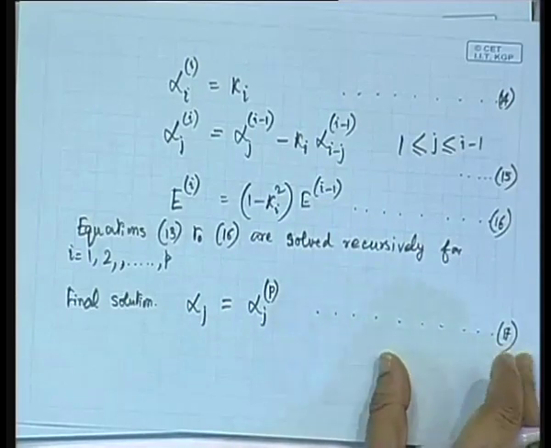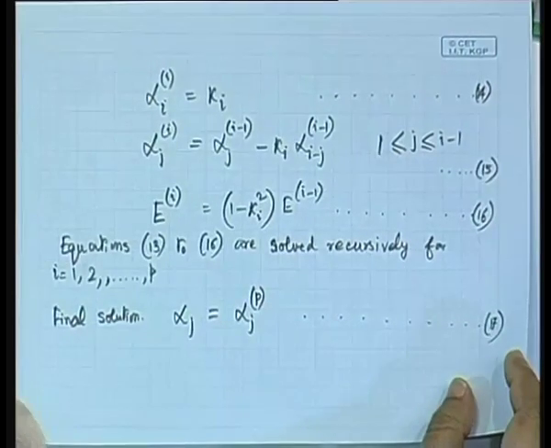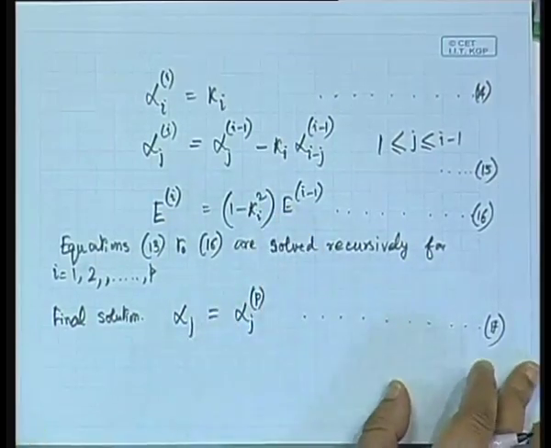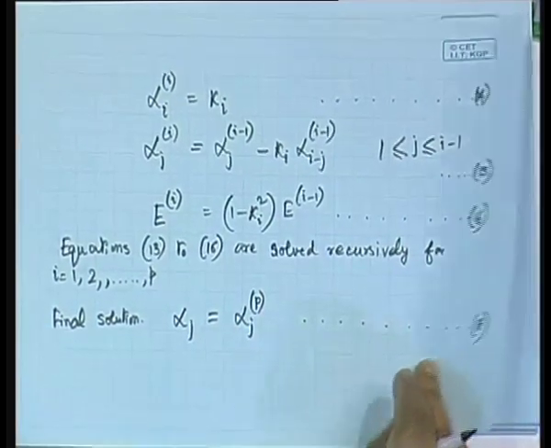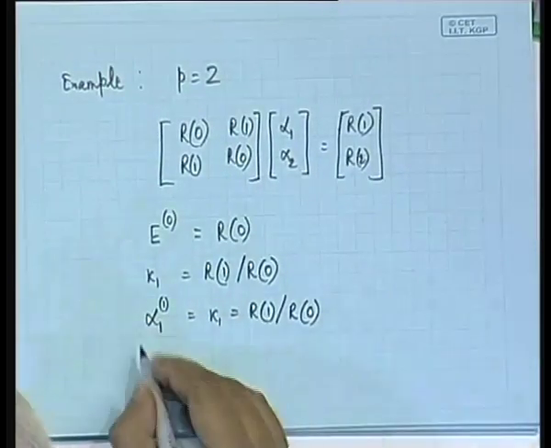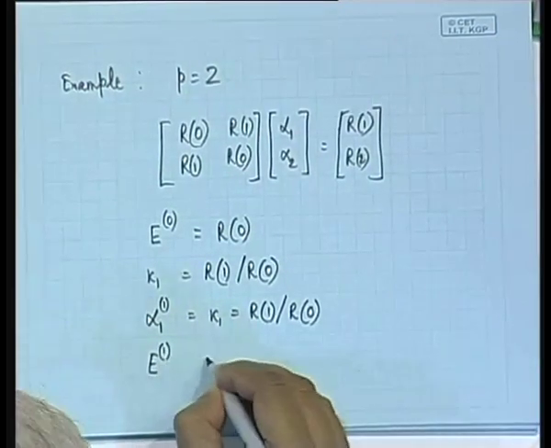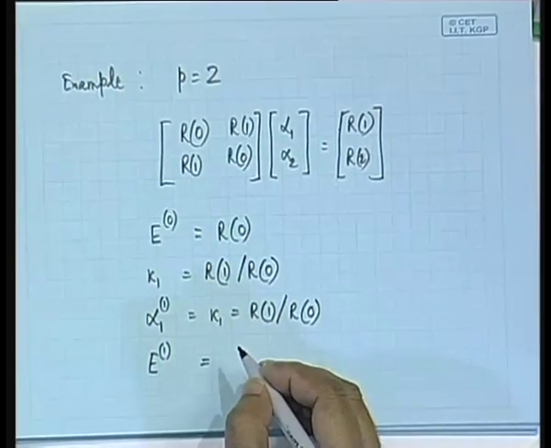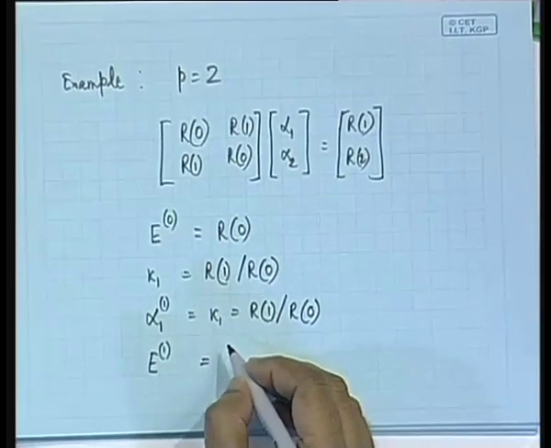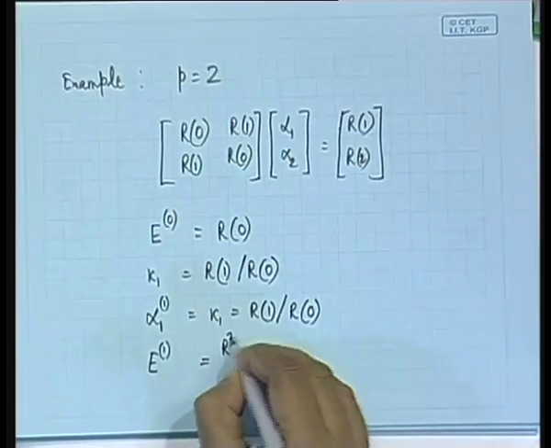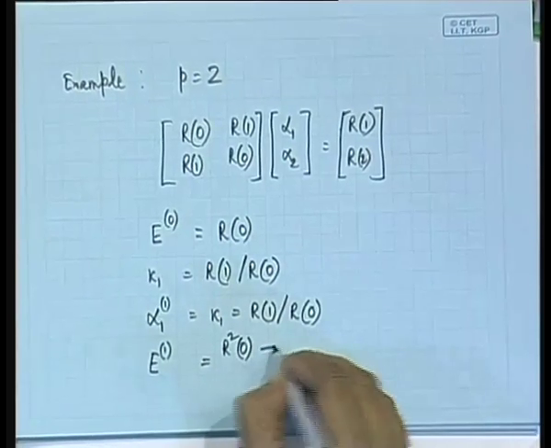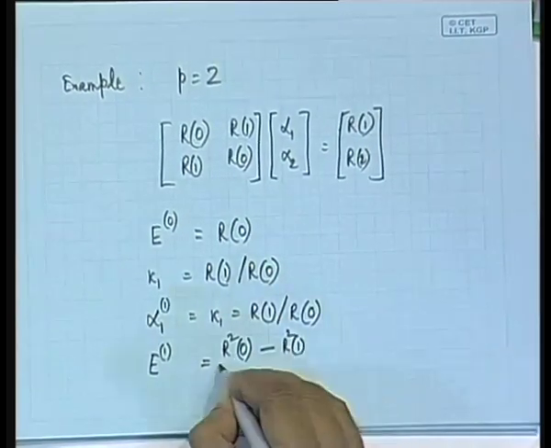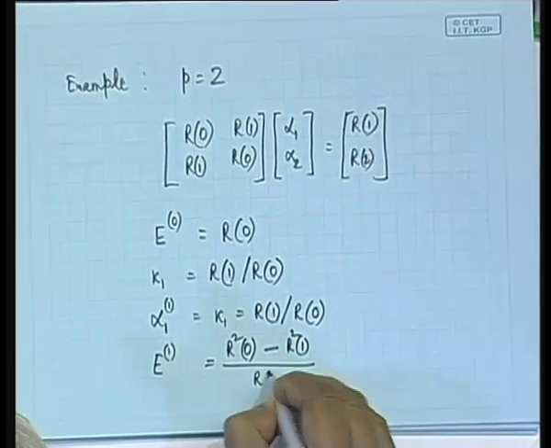We know K1 is R1 by R0, and the other thing is that E0 also we know that it is R0. So just tell me what is going to be E1. E1 is equal to R0 square minus R1 square by R0, correct, beautiful. R0 square minus R1 square upon R0, right.